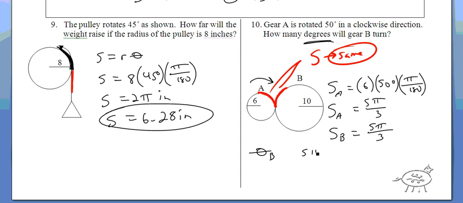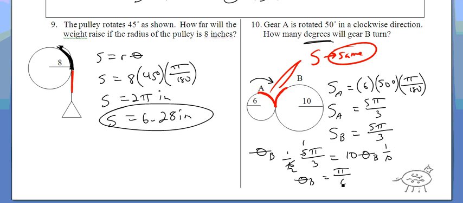So 5 pi over 3 equals, well, now it's 10 times theta B. Okay, and then I'm going to divide both sides by 10 or multiply by 1/10, however you want to do it, and theta B comes out to be, that's a 2 and that's a 1, so it's pi over 6.